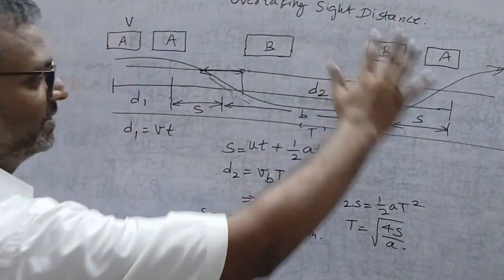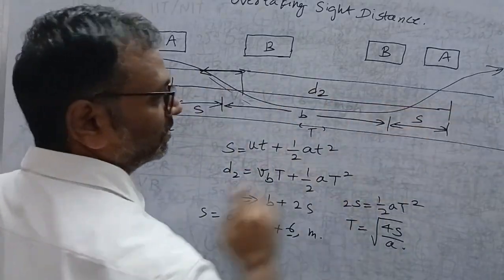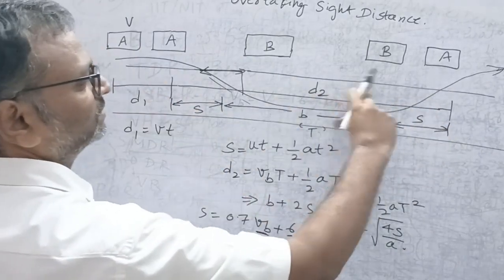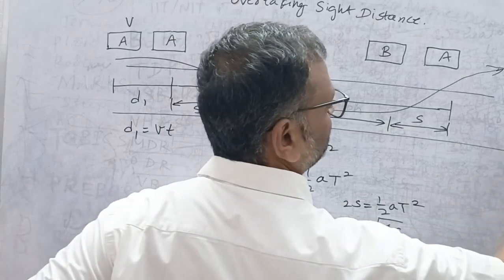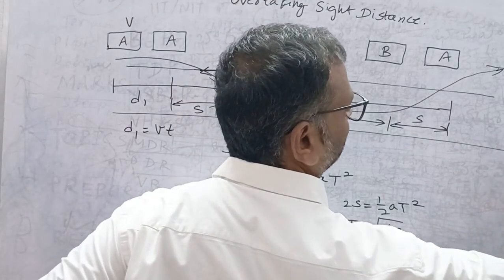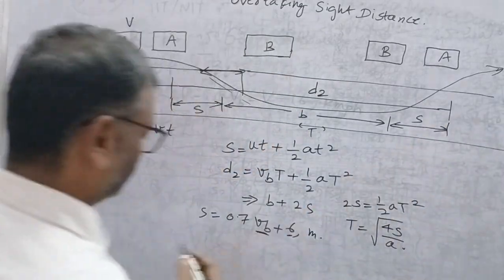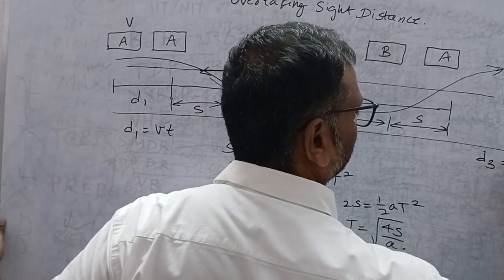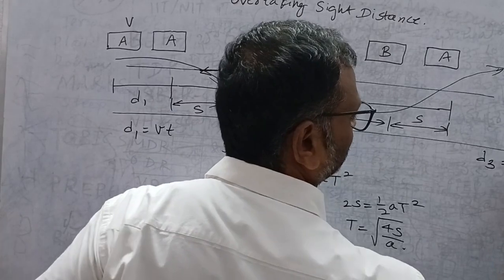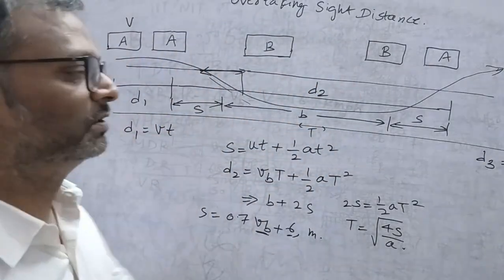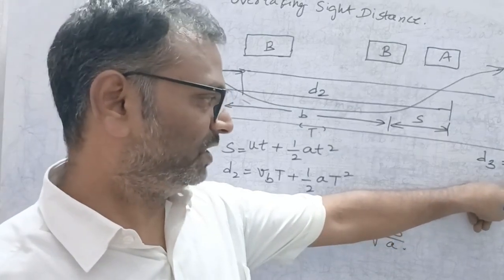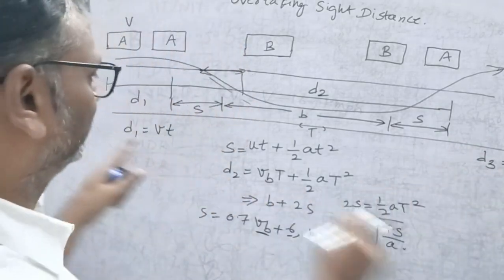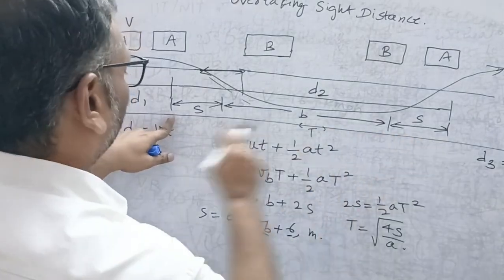Now this all happens whenever there is no opposite vehicle. If at all there is a vehicle coming in the opposite direction in this particular lane, suppose that is vehicle C, then d3 can be written as Vc into T, the speed of the vehicle coming from the opposite direction into capital T. That T is the time whatever happens from here to here.